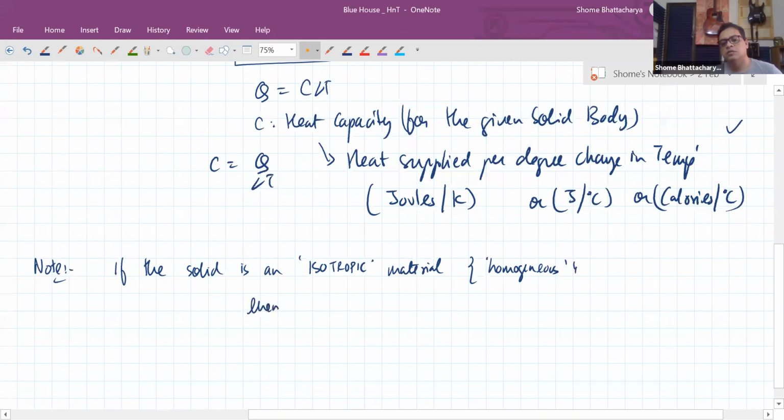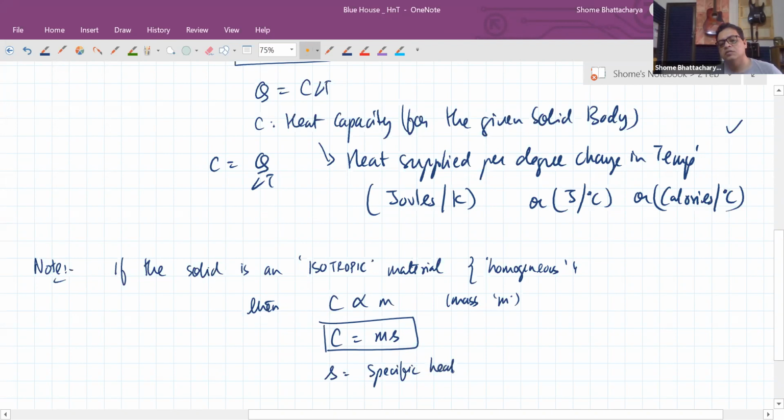Then the heat capacity is directly proportional to mass, and it is given by the relation m into small s, where small s is called the specific heat capacity of the material of the solid body.